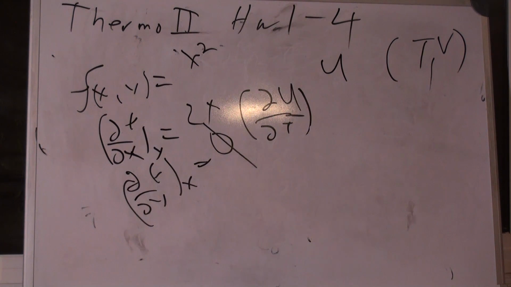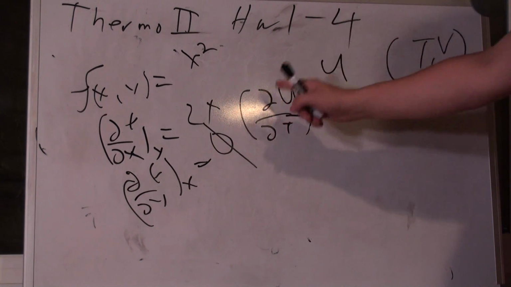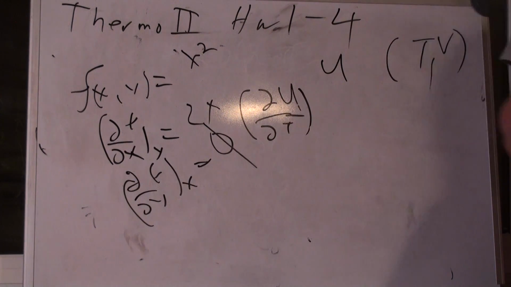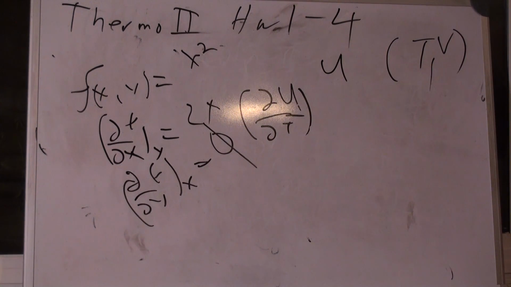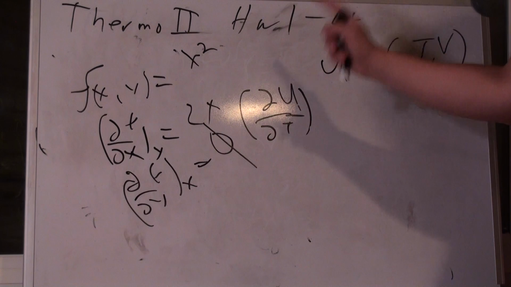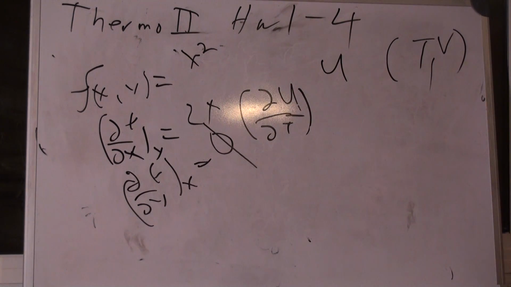It's the only relationship that has meaning because it's only a function of temperature. But let's go back to our numeracy. What does this say? How does U change with T? U will only change with changes in T. If it's only a function of temperature, it's only going to change with T.